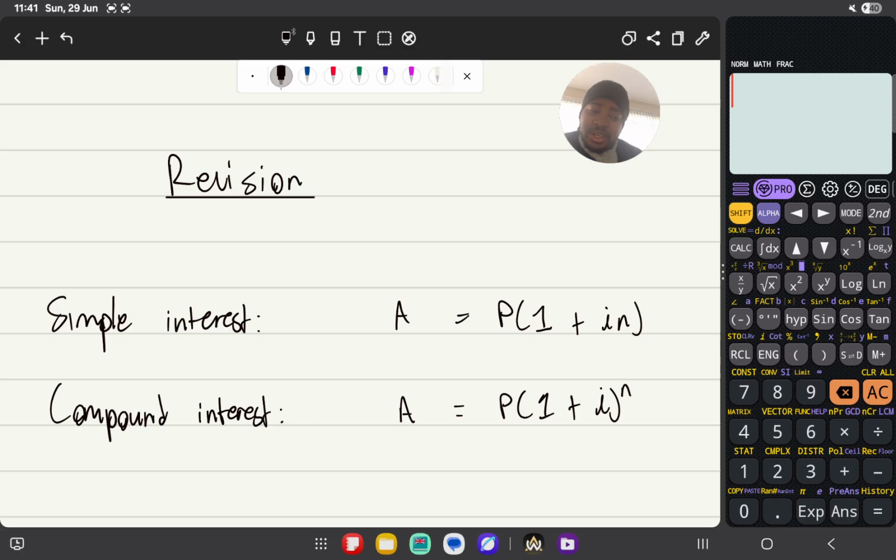So at the end of year two, you will still receive an interest of 100 rand. Remember, you had 1000 rand at the start of the investment, at the end of year one you had 100 rand, and at the end of year two you're going to have another 100 rand.